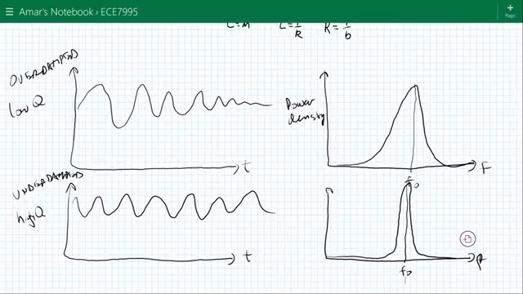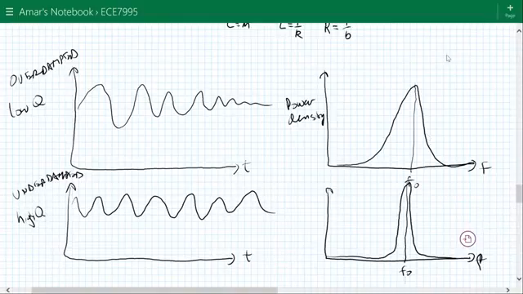A low Q system will have a relatively wide spectral band, which means that even though the system is resonating at a certain frequency, there is some power in the system that's also present at other frequencies. In a high Q system, all the energy of the mechanical system is right at the resonant frequency.